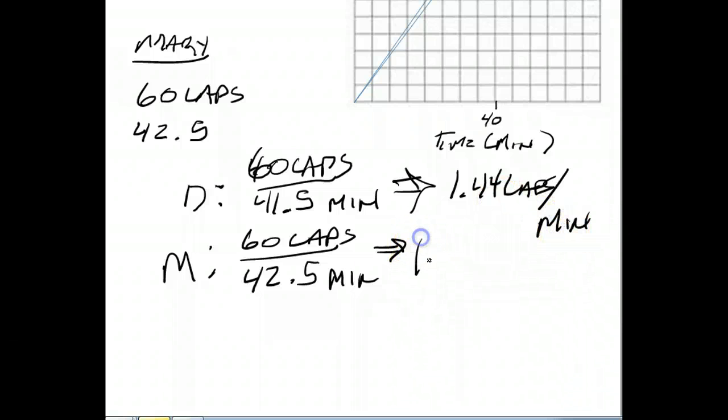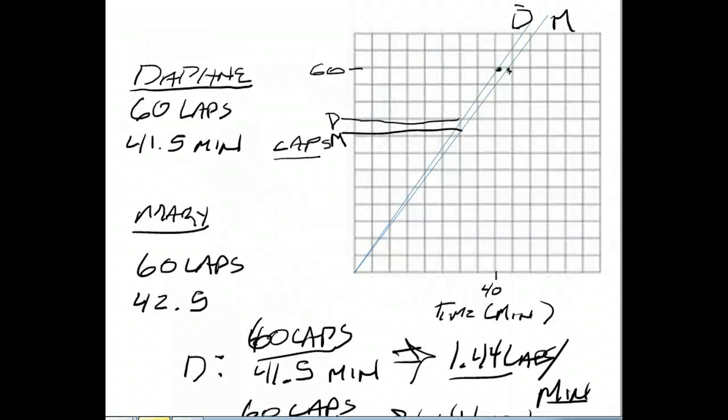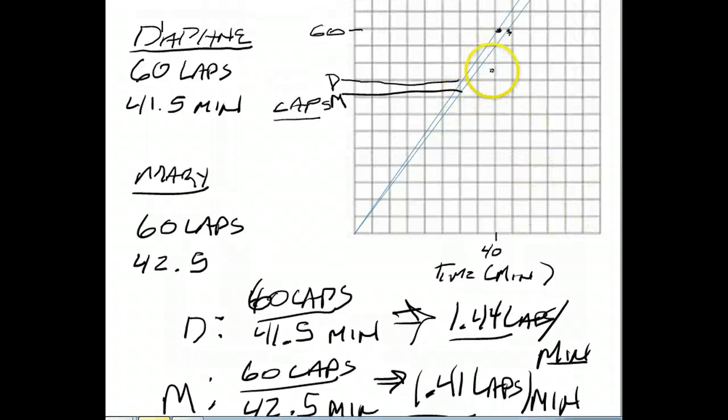And Mary's turns out to be about 1.41 laps per minute. So you can see that Daphne is covering more laps per minute than Mary is covering, and that is shown by the graph also by the fact that Daphne's slope is higher.